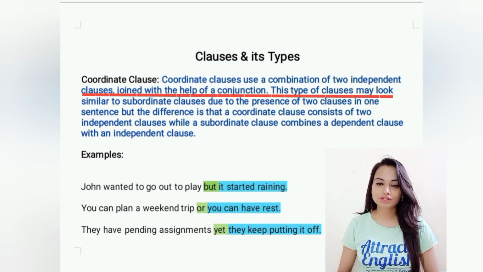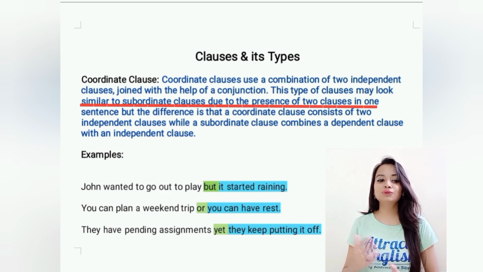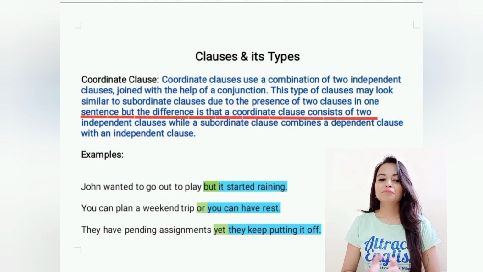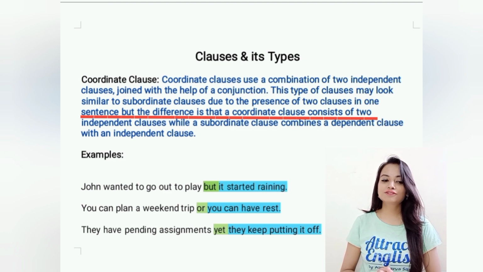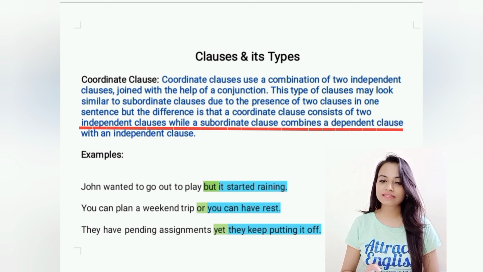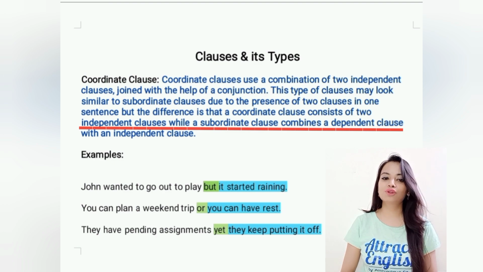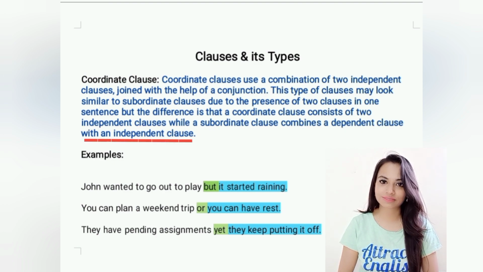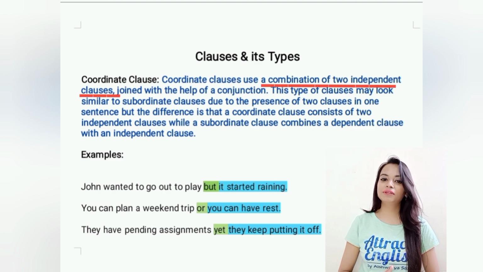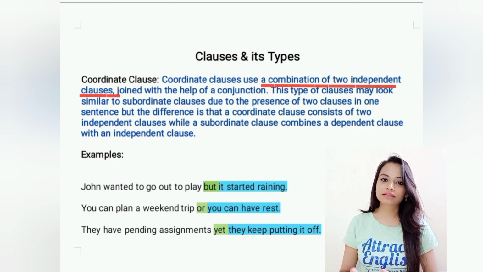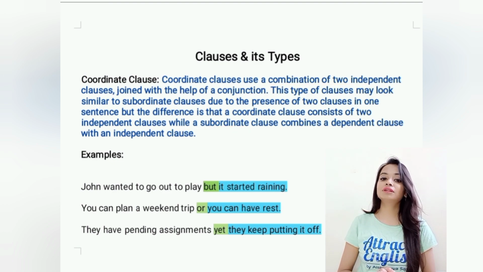This type of clause may look similar to subordinate clauses due to the presence of two clauses in one sentence, but the difference is that a coordinate clause consists of two independent clauses, while a subordinate clause combines a dependent clause with an independent clause.